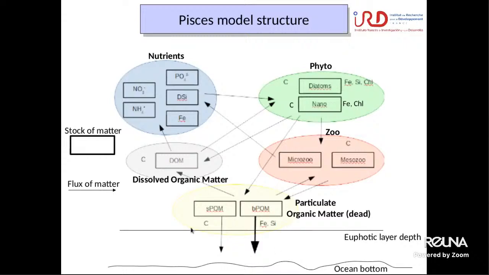So this is really the export of particulate organic matter out of the euphotic layer. Some of this particulate organic matter is remineralized by bacterial activity and produces dissolved organic matter, and dissolved organic matter is also remineralized into inorganic nutrients. So that's the basic structure of the code.